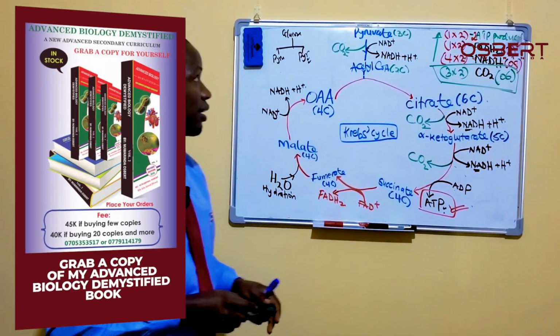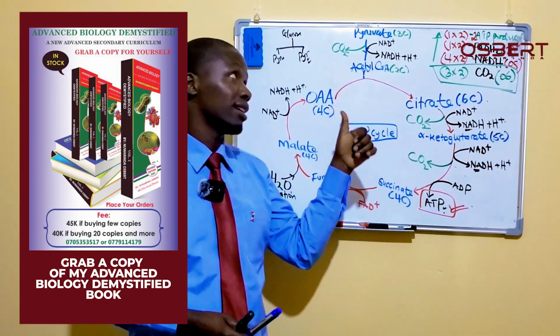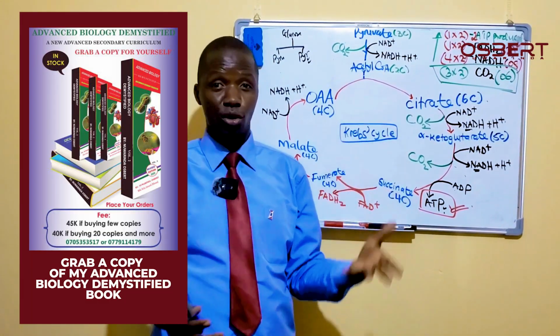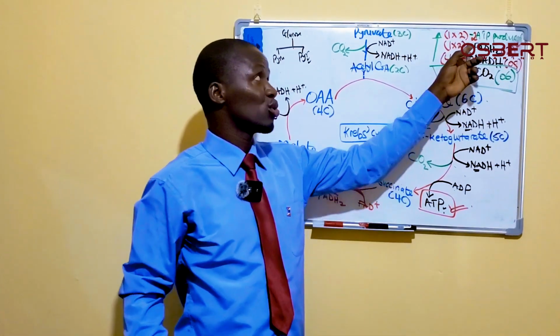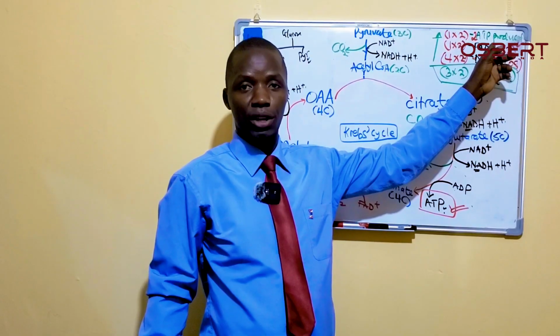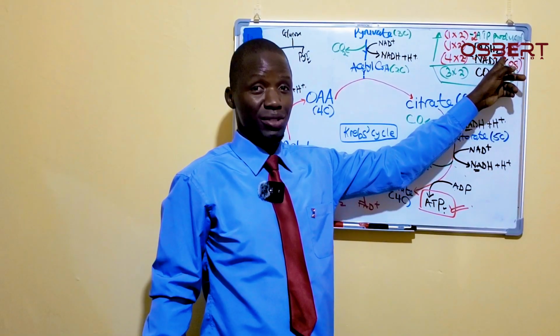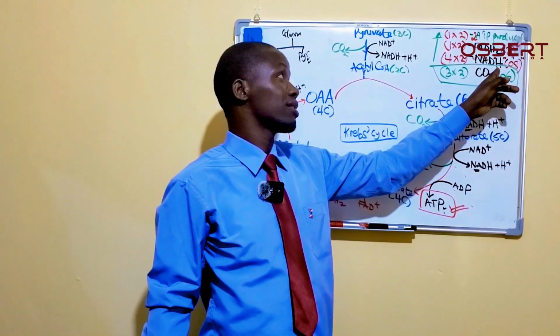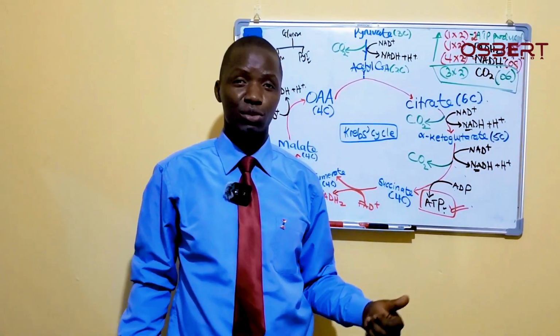So for pyruvate, we are seeing that in the Krebs cycle, we are able to produce 2 ATPs straight away. We are able to produce 2 FADH2 molecules. We are able to produce 8 NADH molecules.